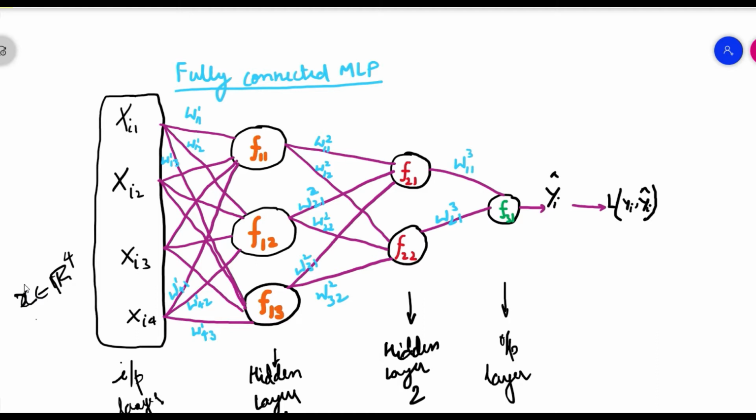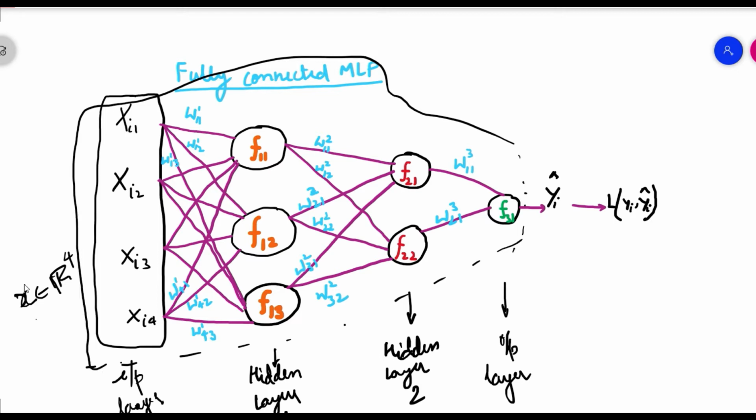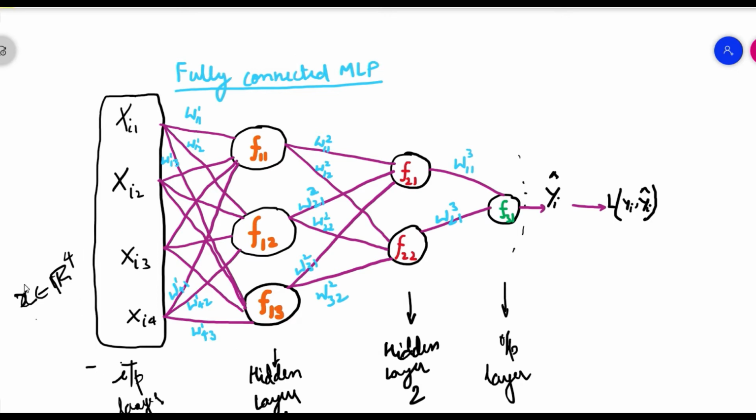Okay, so using the input layer, the hidden layers and the output layer, our multi-layered perceptron gives an output of yi target. This is the target value being predicted by this whole multi-layered perceptron model. Based on the yi that is given as an output of our multi-layer perceptron, we calculate the loss function.